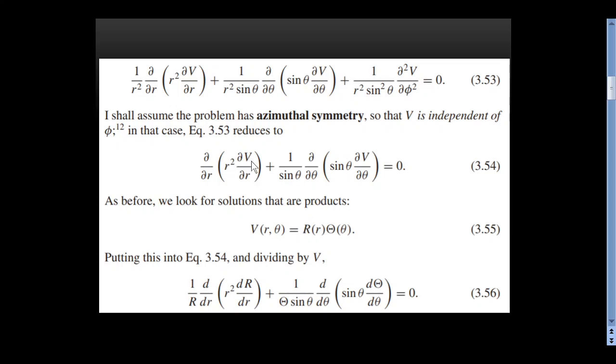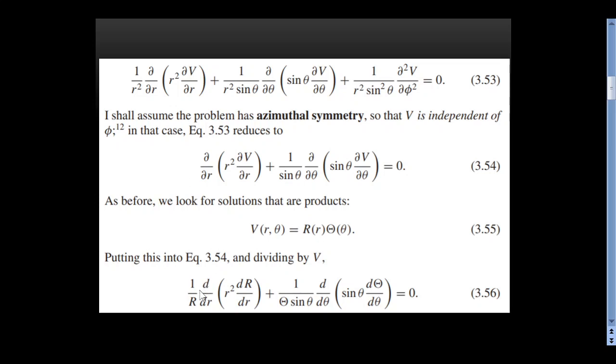Now capital theta is independent of r, so it is constant with this differentiation, so it will be taken outside. Capital theta is divided by V, V means R capital theta. So in numerator and denominator, both sides capital theta is there, so that will be cancelled out.